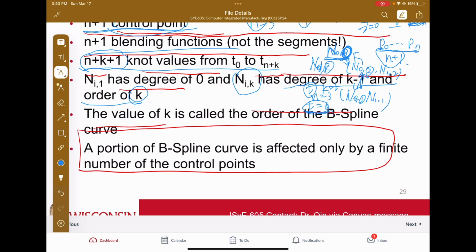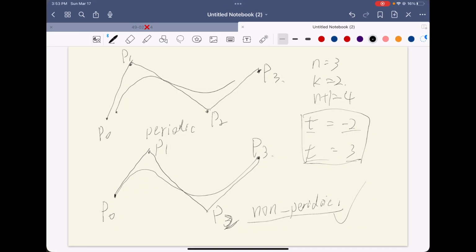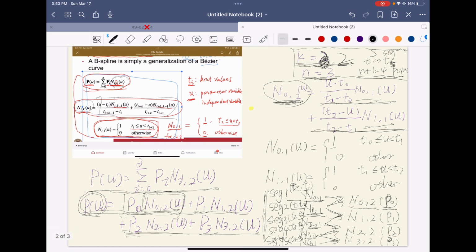And also, you can go back and see the functions here, as in the example we have here. So for the point P, right? If k equal to 2, point P only controls segments 1 and 2, only these 2 segments. That means if we change the value of P0, only these 2 segments will be affected.